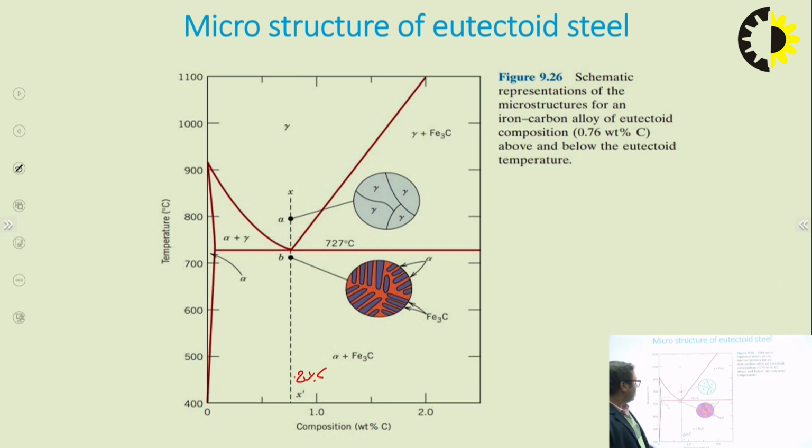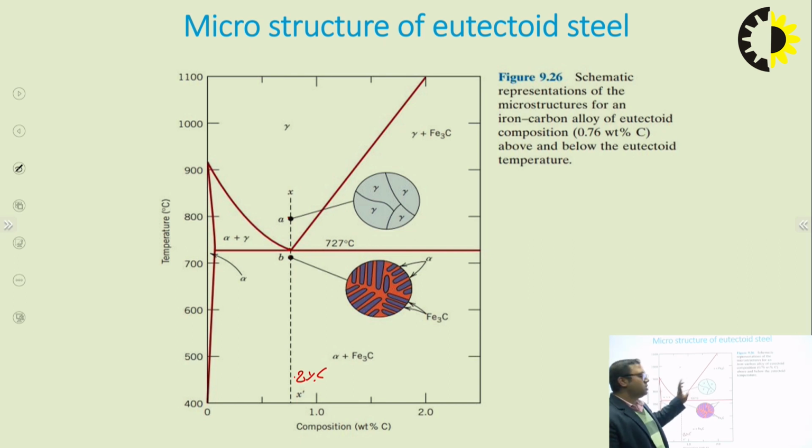When you draw one composition line, you will see there is one point A and another point B. This A point is above the 727 degree temperature and this B point is below 727 degree temperature. Above this line, iron shows a different phase, and below 727 degrees, iron shows a different phase.